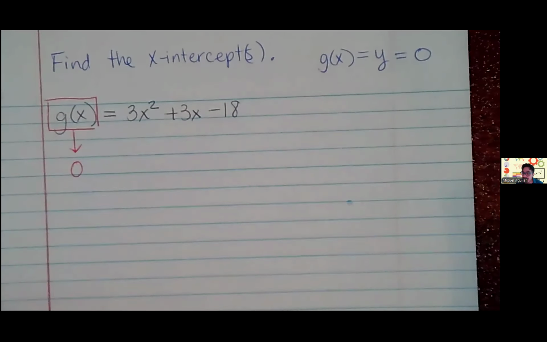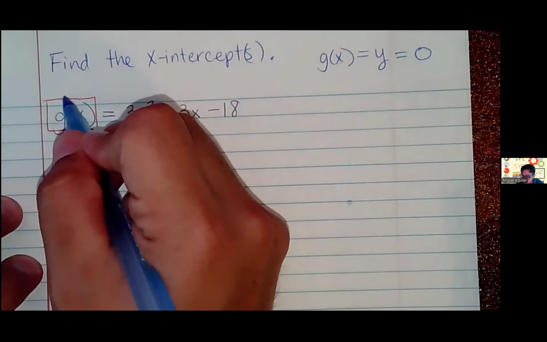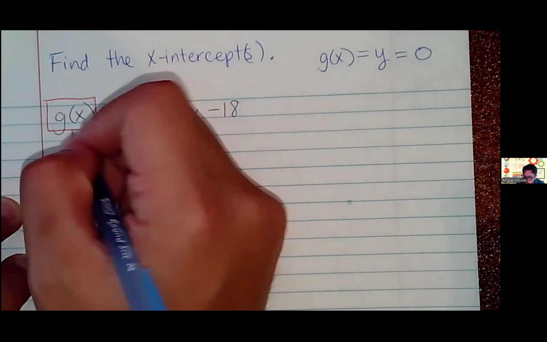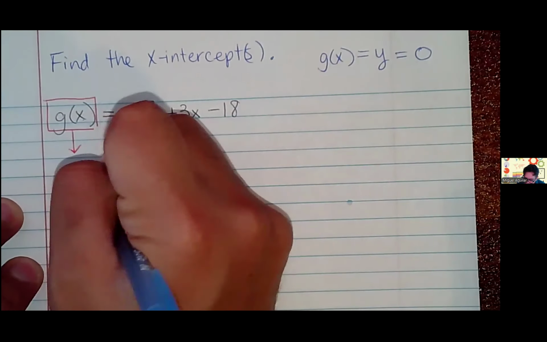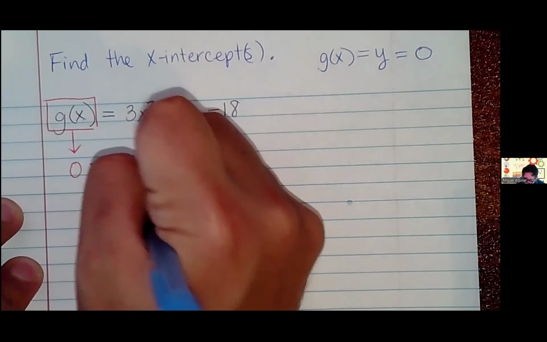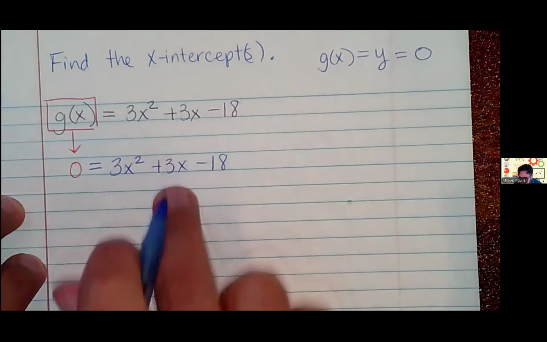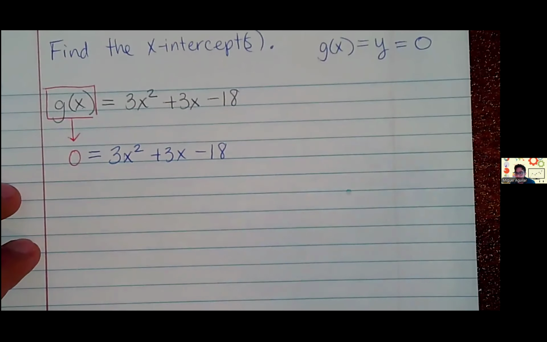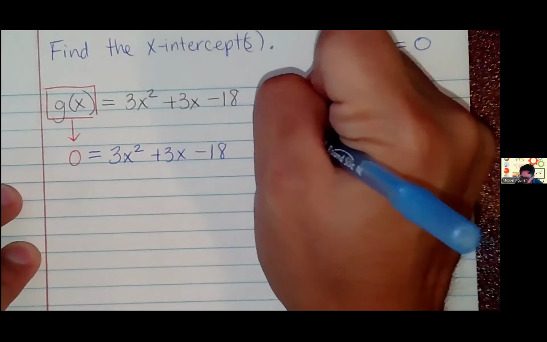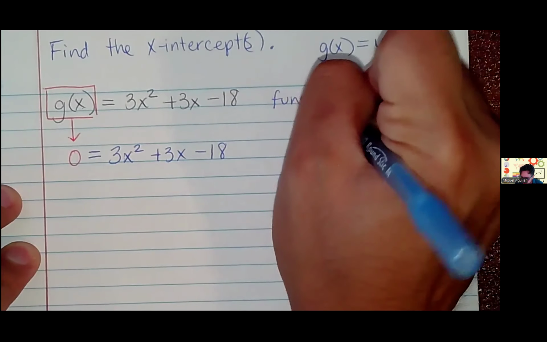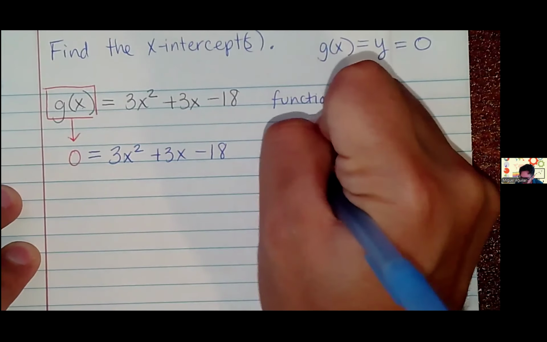Okay? This isn't the same as when we plugged 0 into the function. We're just replacing this whole thing with 0, and then we have an equation, 3x squared plus 3x minus 18 equals 0. Okay, so we went from having a function to now we have a quadratic equation.